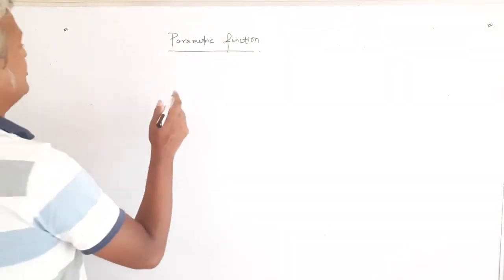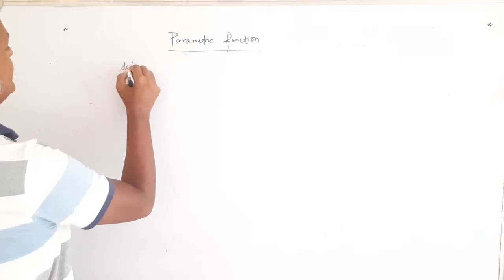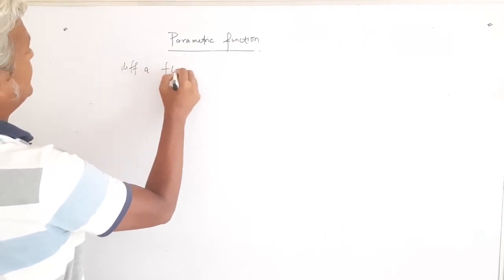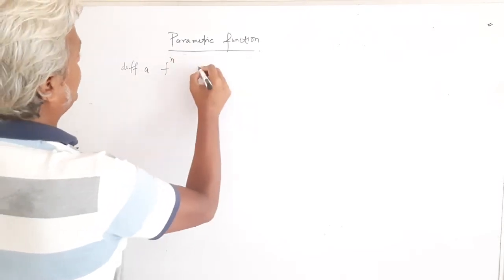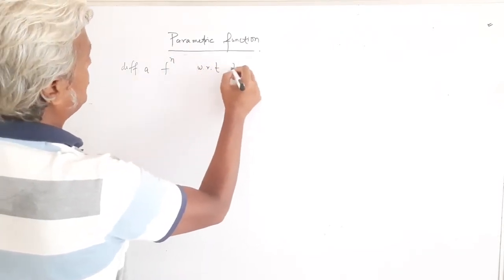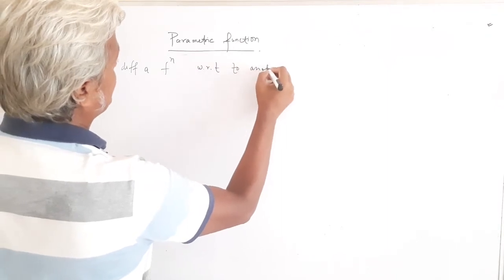Now there is another way of parametric function, and it's called differentiating a function, don't write fx, write f, with respect to another function.